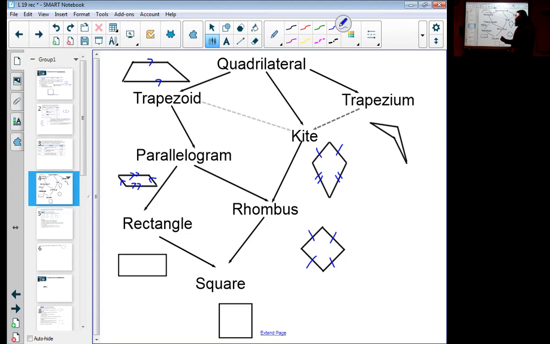You wouldn't call a rhombus a parallelogram or a kite. If you're going to talk about something, you would specifically say that's a rhombus as opposed to a kite. So rhombus is obviously connected to the trapezoid, not the trapezium.